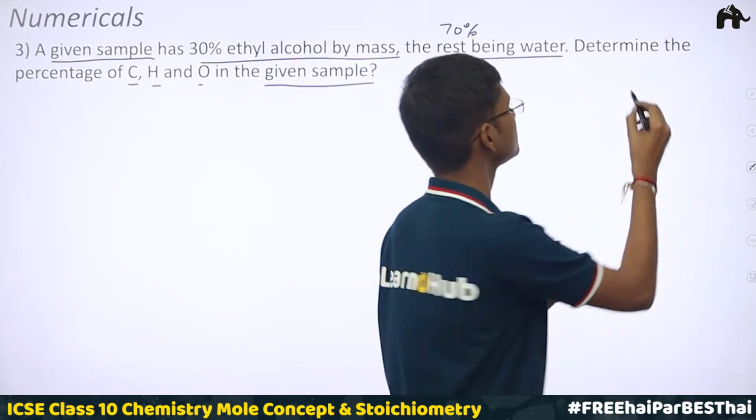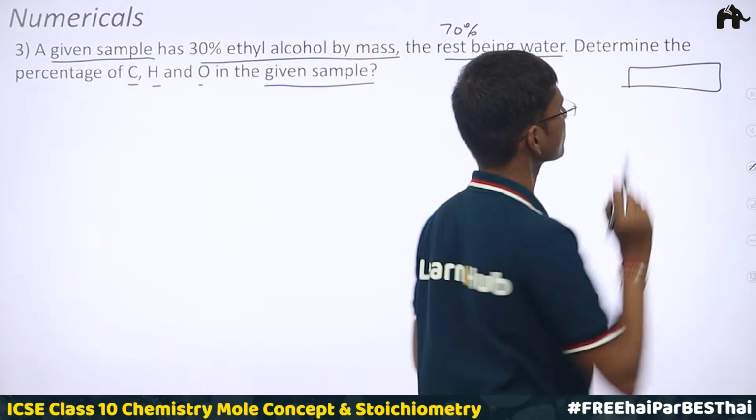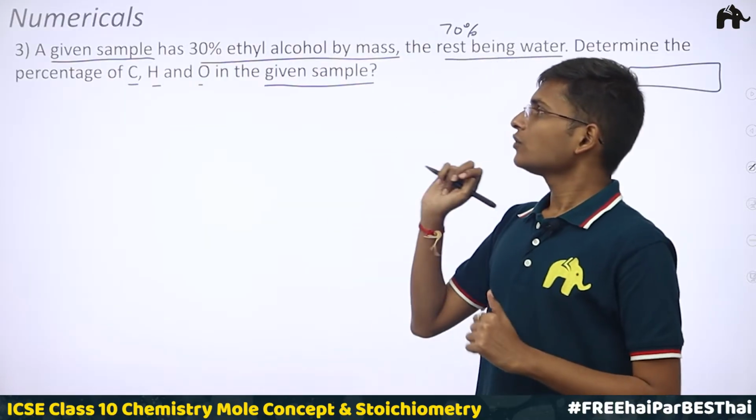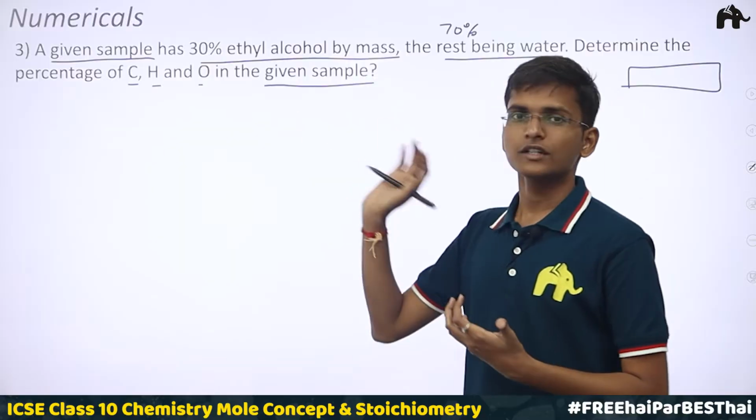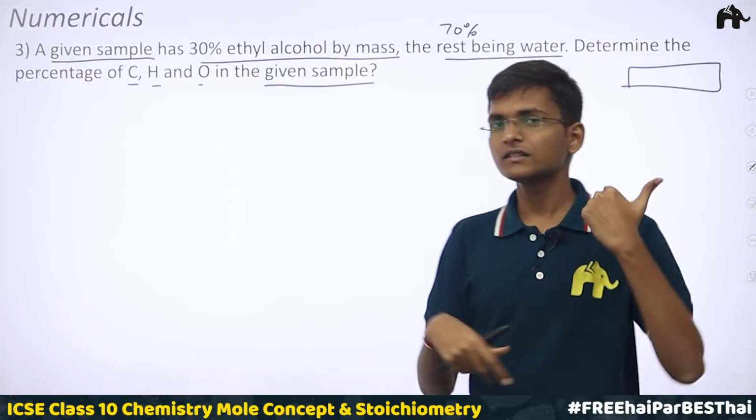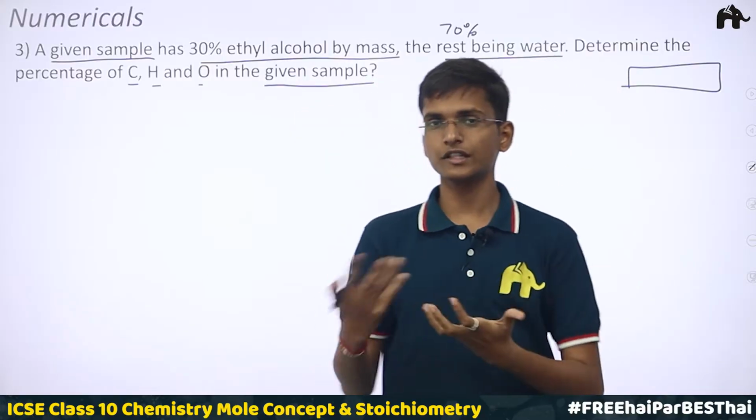So suppose they have given us this sample, right? Now how to find this percentage? How to find the percentage of elements in such a sample? This is a new type for us.